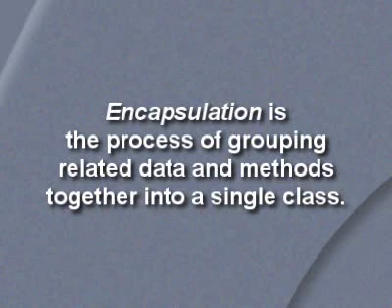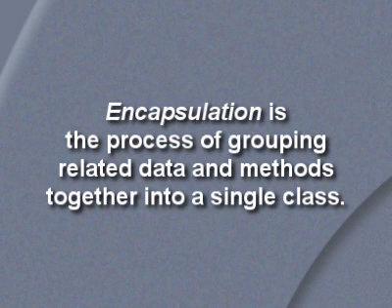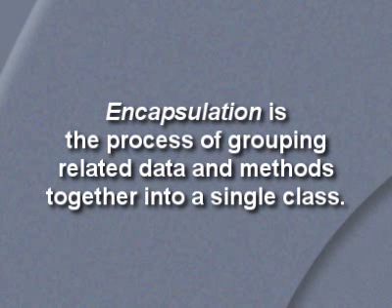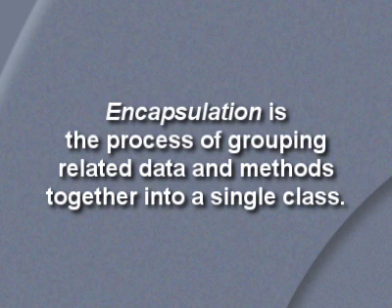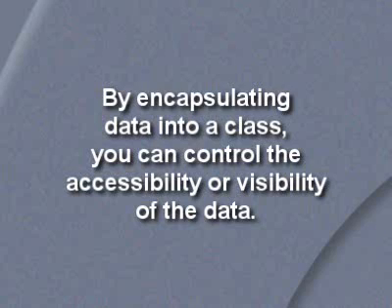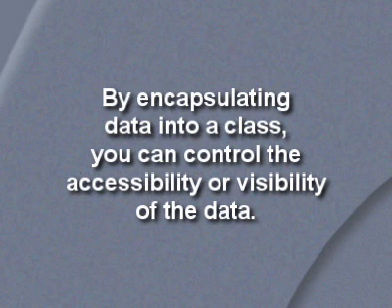So you're taking data and functionality for that data, and you're putting it into a single entity, capsule, or class. Placing your data and your behaviors together into a single entity creates a new data type that we know is called a class.